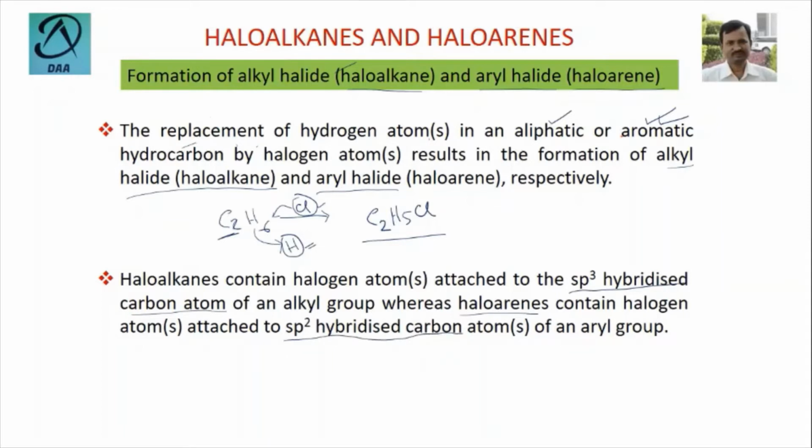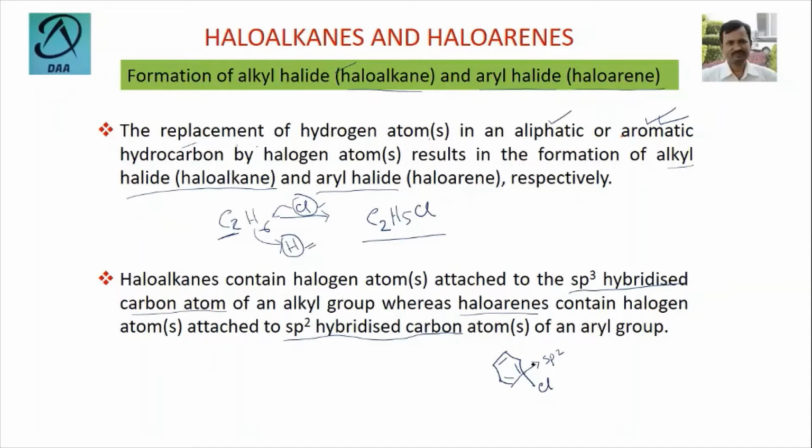That means suppose you consider this benzene ring attached to a chlorine atom, then this carbon atom is sp2 hybridized.